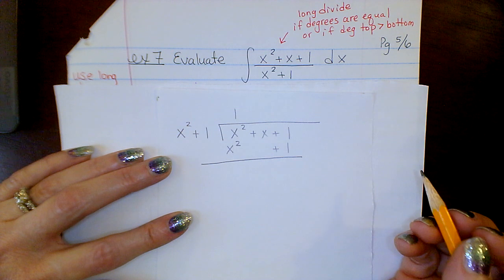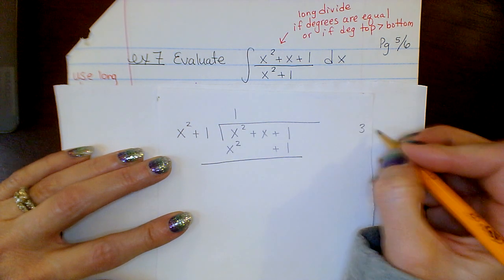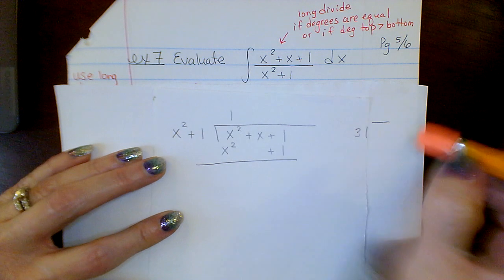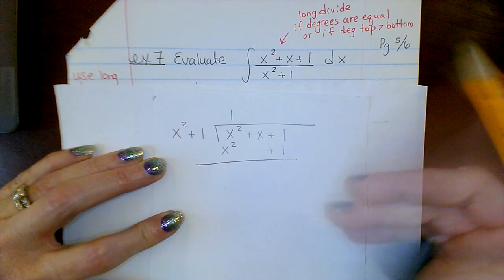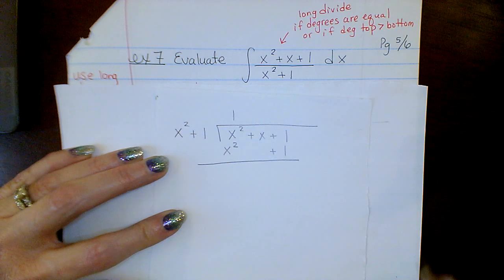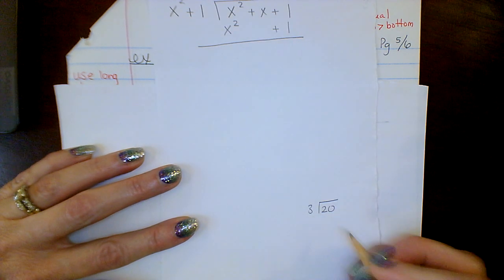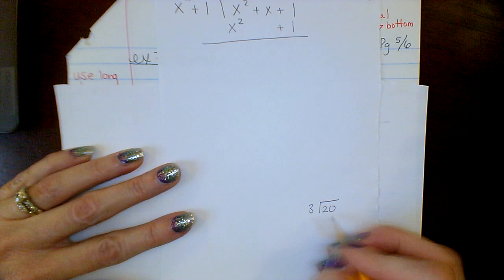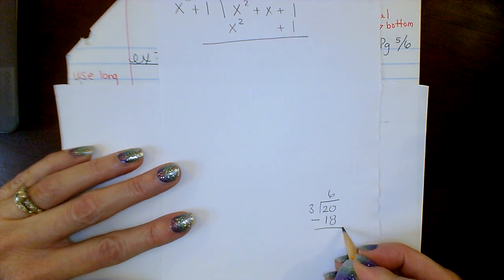We know with long division, we have a process. If I'm, say, dividing 3 into 20, I say 3 goes into 20 6 times. 6 times 3 is 18. And then my next step is to subtract.